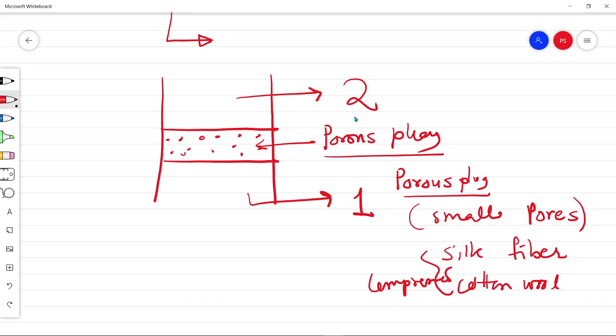So it has a very large number of small pores. So basically the gas from region 1 can enter into region 2 by passing through these small pores.